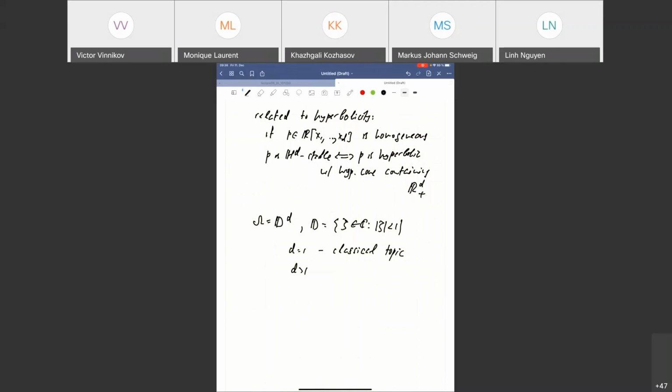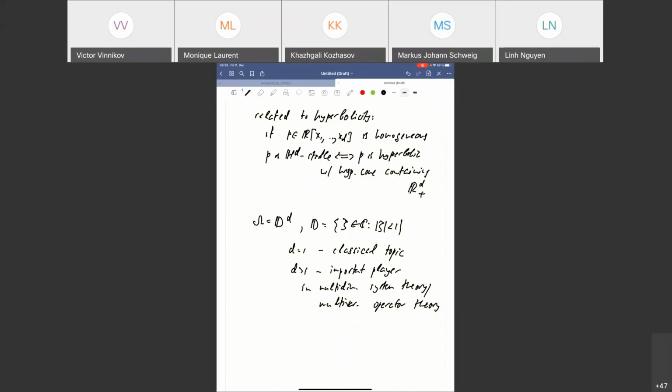And for d greater than 1 also, it appears in many cases, but in particular, it's been an important player, or natural important player, in multidimensional system theory, or in multivariable operator theory. And that's somehow where the ideas for our proofs come from.